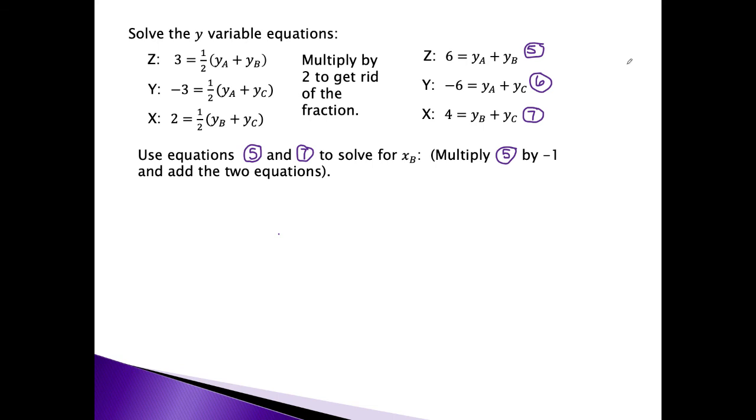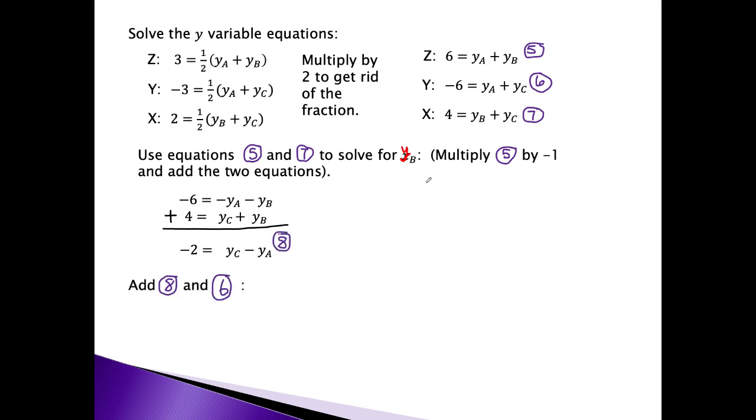I'm going to now use 5 and 7 to solve for yb and multiply 5 by -1 and add the two equations. Multiply, and I get -6 equals -ya minus yb, and then I add the two equations. So I get -2 equals yc minus ya, and I'm going to call that 8.